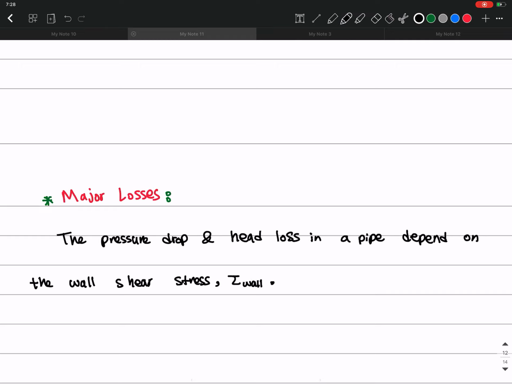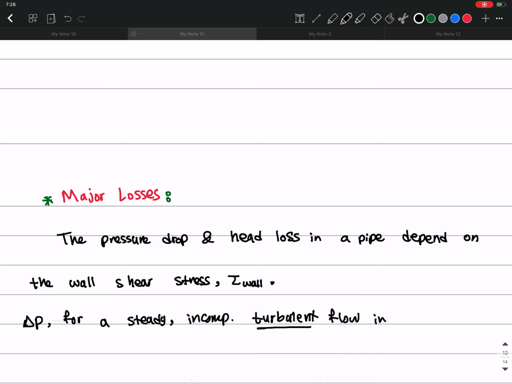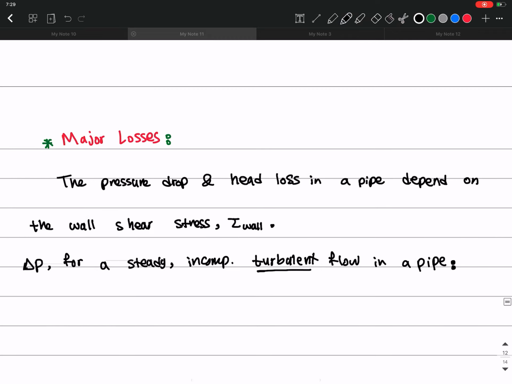So delta P, or pressure drop, for a steady, incompressible, and not turbulent flow in a pipe is as follows.